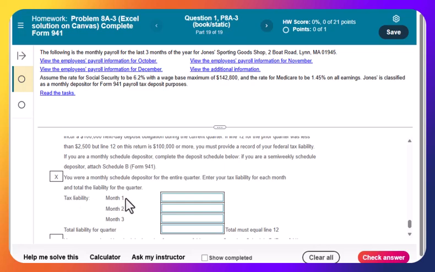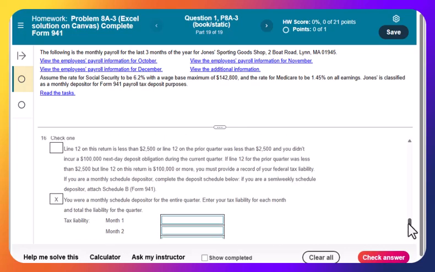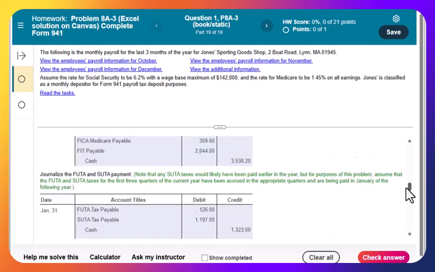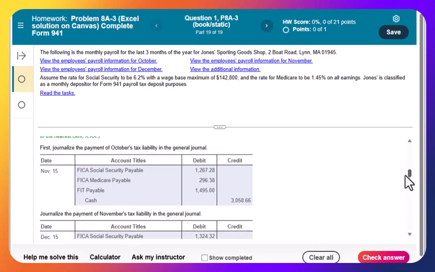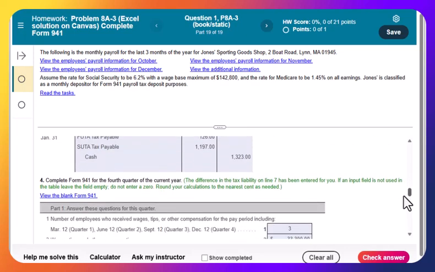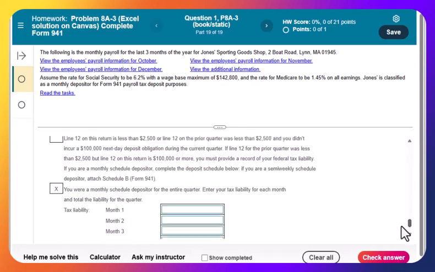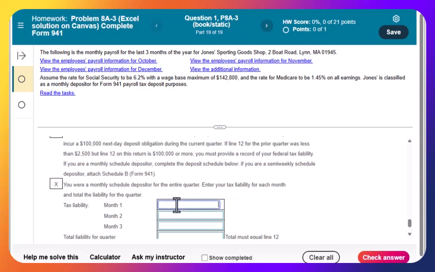So tax liability for month 1, this is again in that part 3 of our problem here, the FICA and FIT payments. So we can go ahead and scroll back up to that part 3 to that payment for October, and we can copy and paste just to make life easier and reduce the chances of error retyping everything. So go ahead and click into month 1.